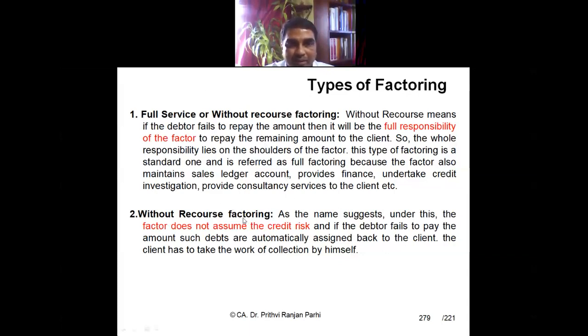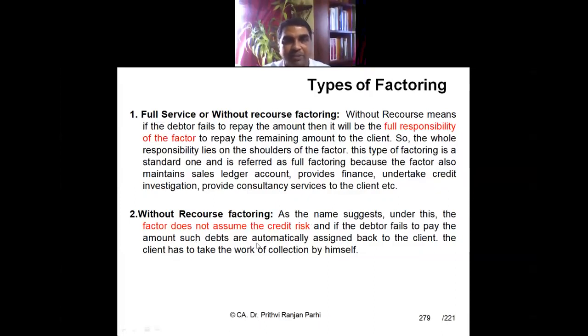Okay. Next, point two should actually be with recourse factoring. With recourse factoring means the factor does not assume the credit risk. First case is without recourse. Second case, please read it as with recourse.